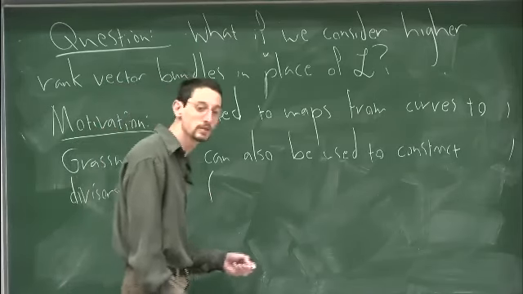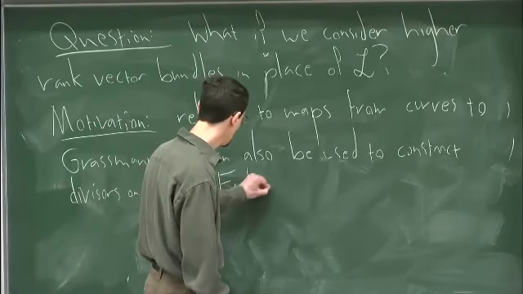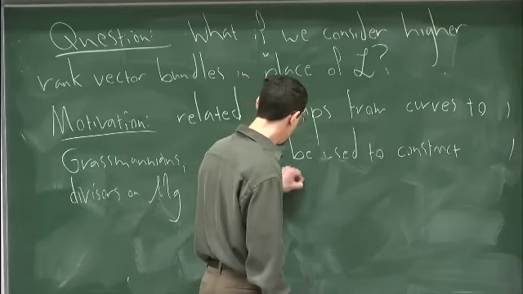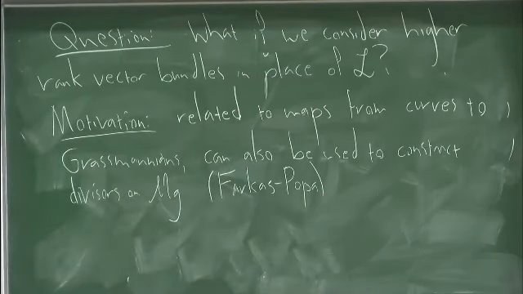So one example of this is the paper by Farkas and Popa, where they give a counterexample to the slope conjecture. They construct this divisor with 4 different interpretations, and one of them is as a rank 2 Brill-Noether locus. So that's one place that it comes up.